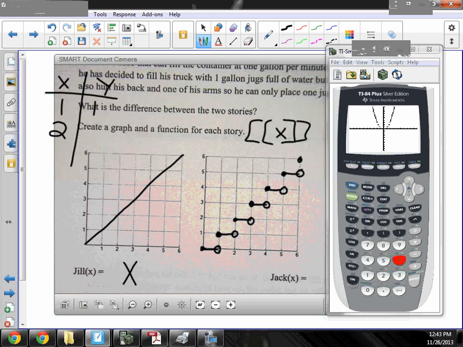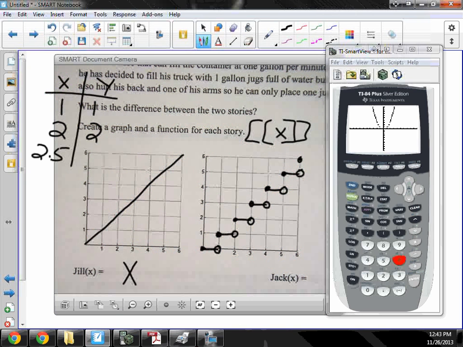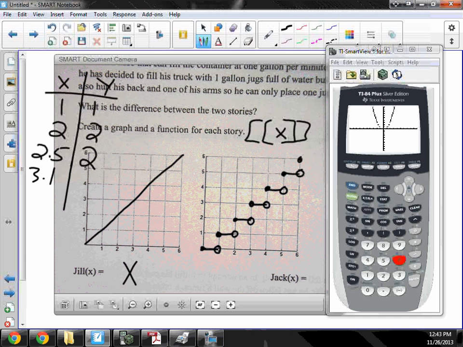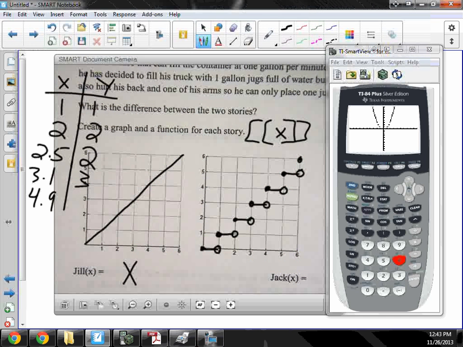If I plug in 2, what do I get? 2. If I plug in 2.5, what do I get? 2. How many gallons are there at 2.5 minutes? 2, because he hasn't put the third one on yet. Right? So what about 3.1? 3. 4.9. 4. So what's happening?